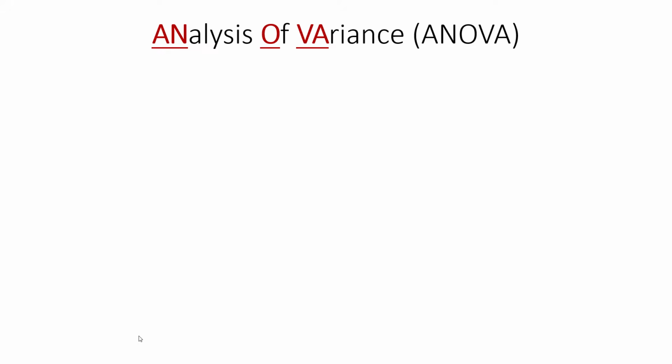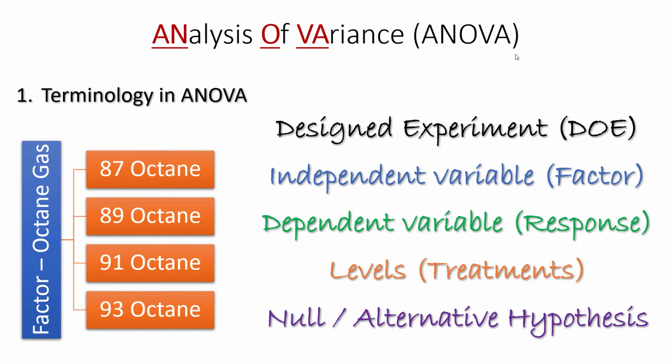Okay, I want to make sure that by the end of this lecture, you completely understand this whole idea of ANOVA. So I want to start with the very beginning. In ANOVA, there's a lot of terminology that we use. In fact, this terminology is closely related to DOE. So we're actually going to do an experiment. We're going to start with the design experiment, and a lot of the key terminology that you hear in ANOVA is shared with DOE.